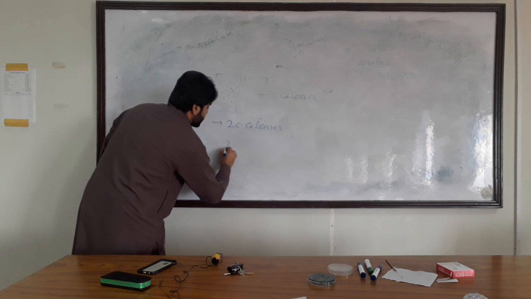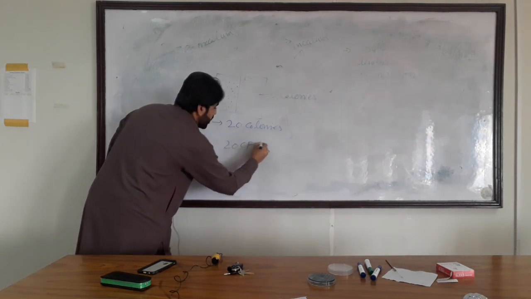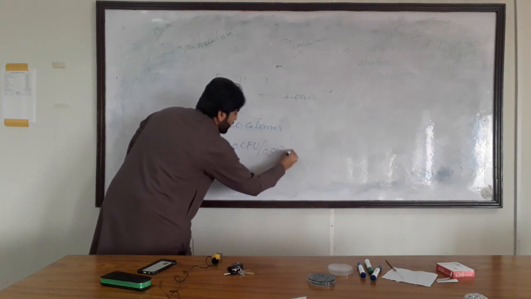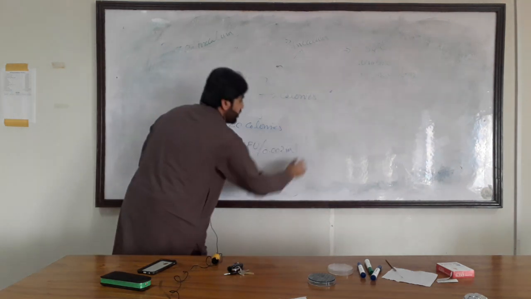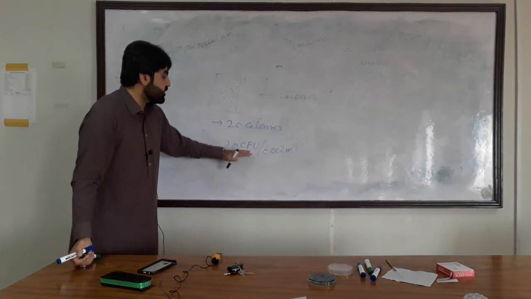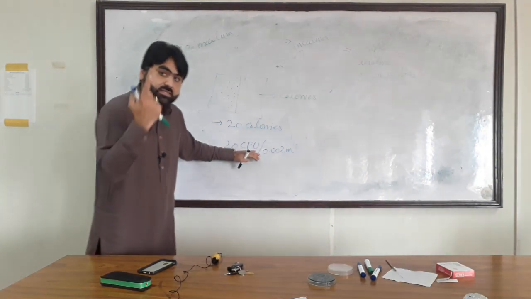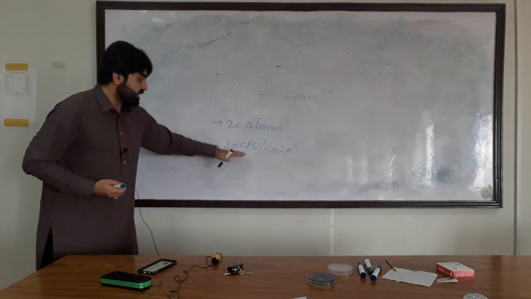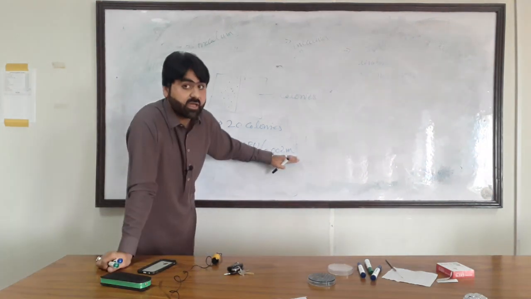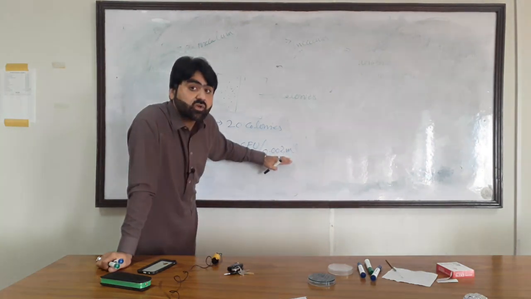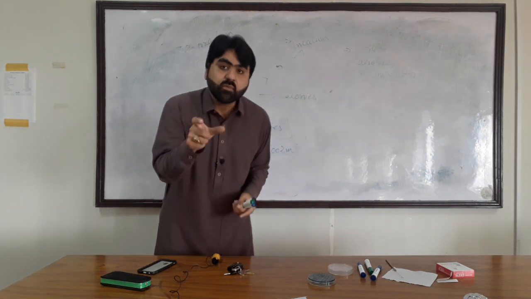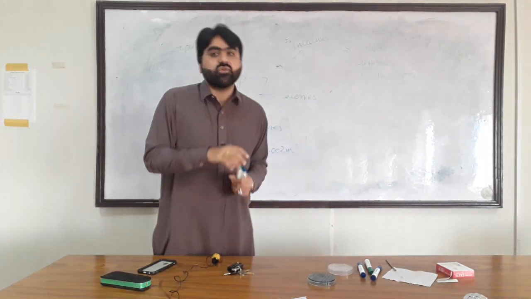Therefore, 20 CFU, colony forming units, per 0.002 ml of urine. What we got is 20 CFU. CFU stands for colony forming unit, which indicates a single bacterium. So this means that there were 20 bacteria per 0.002 ml of urine, or per 2 microliter of urine. And we want to measure the number of bacteria per ml of urine.